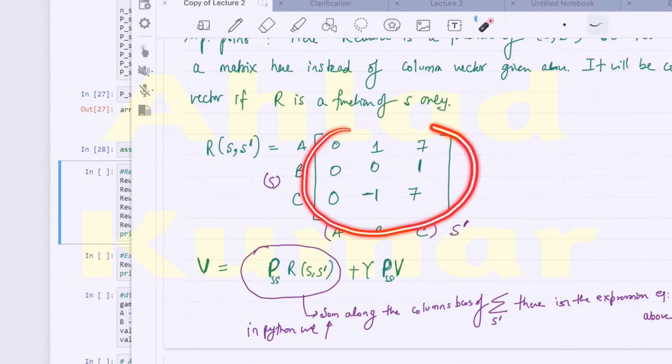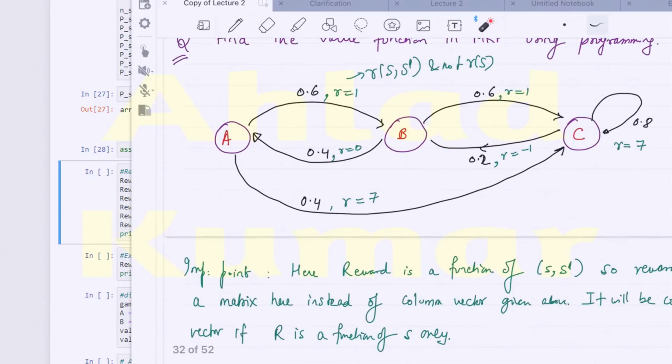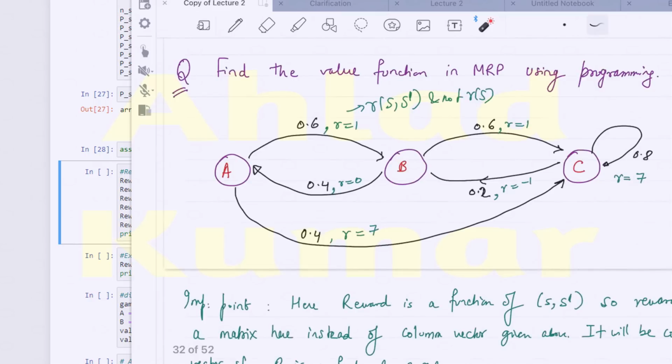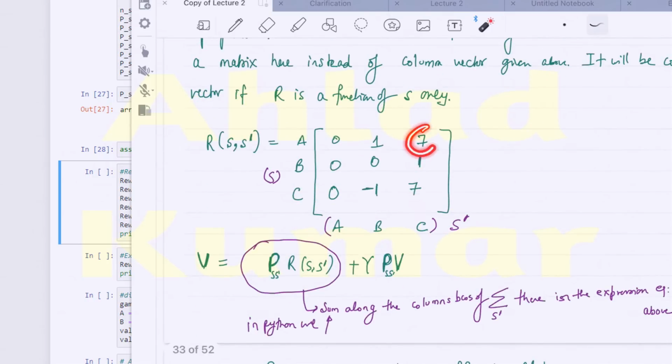Basically you have to write the reward values for the transitions that the agent is making between S and S prime. For the first case, when the transition is from A to B, the reward is 0, so that 0 will be over here. And if I go from A to C, the reward that the agent is getting is 7, so I will keep that value over here. Likewise, you can fill up all the other values.